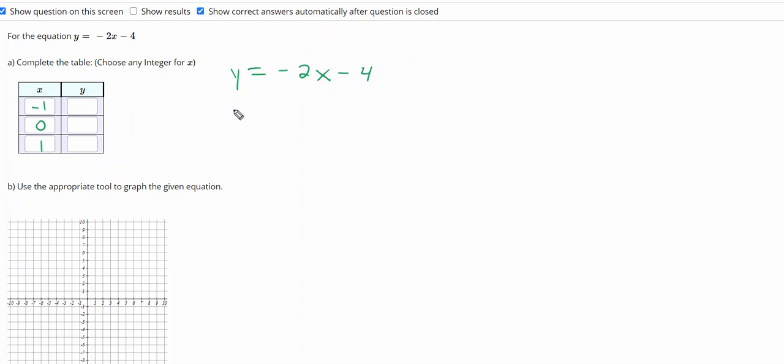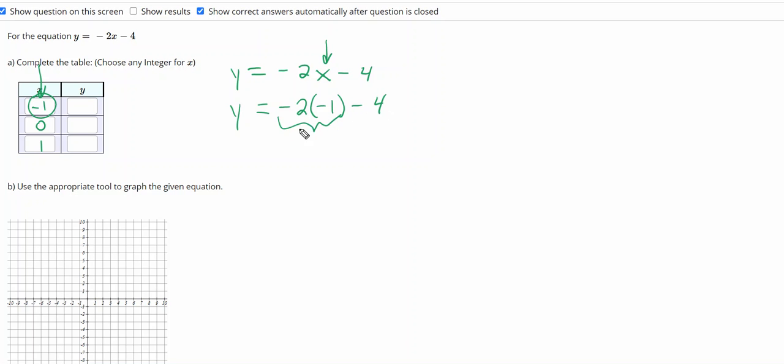So all right, let's go. y is equal to, so for -1, that would be y is equal to -2, and then instead of an x, I'm going to put in -1, right? I like to put it in brackets, so -1 like that, just to remind myself that I'm putting -1 in for x. And then -4.